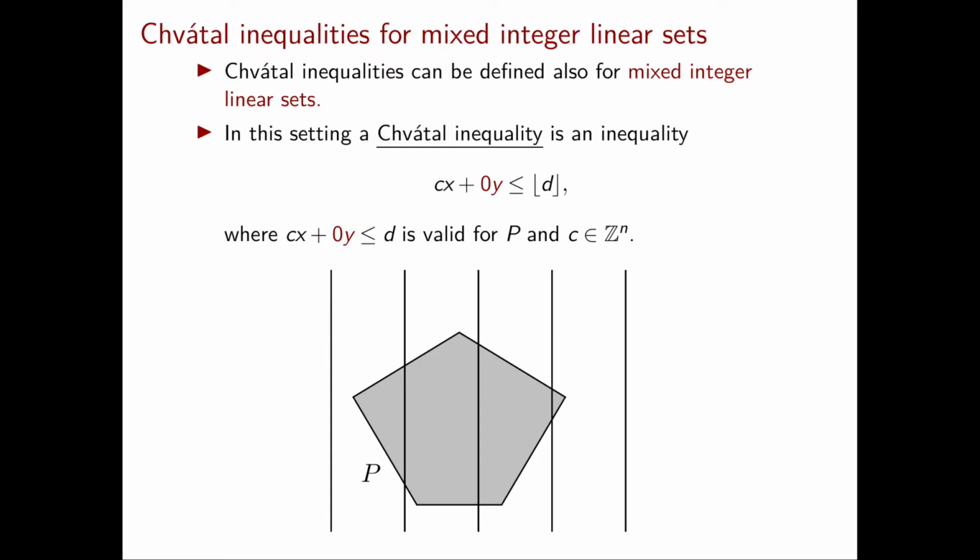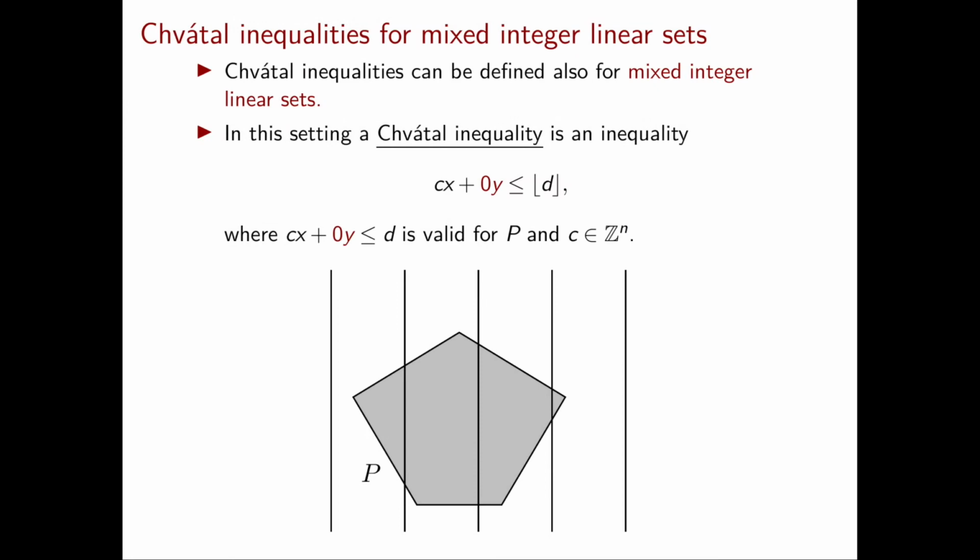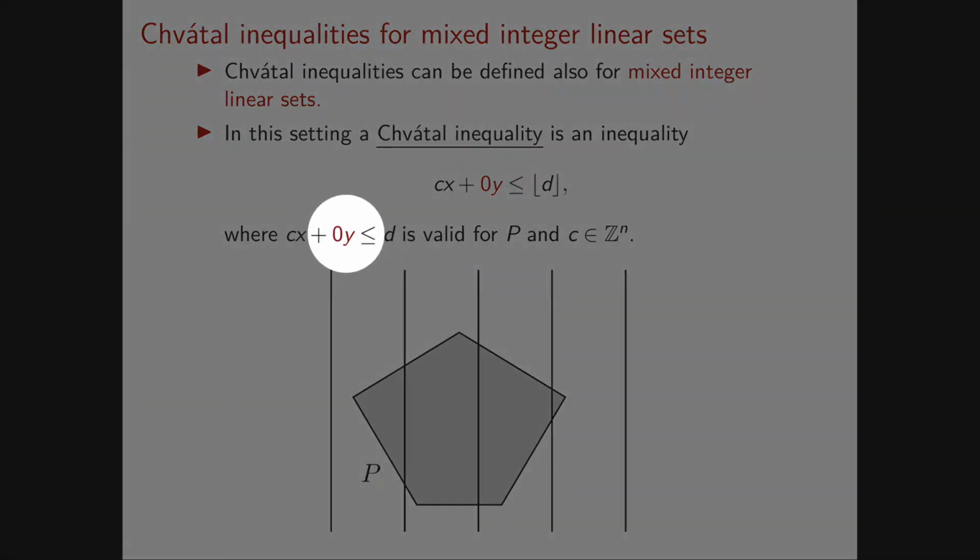And here we're doing exactly the same thing, and the fact that we're taking 0 as the coefficient of y simply follows because if you take any inequality that doesn't have 0y, so for example, let's say a horizontal inequality, then you see you cannot push it downwards at all because it already intersects infinitely many points that are mixed integer. So essentially the only inequalities that you can shift towards the polyhedron are those with a 0 coefficient on y.